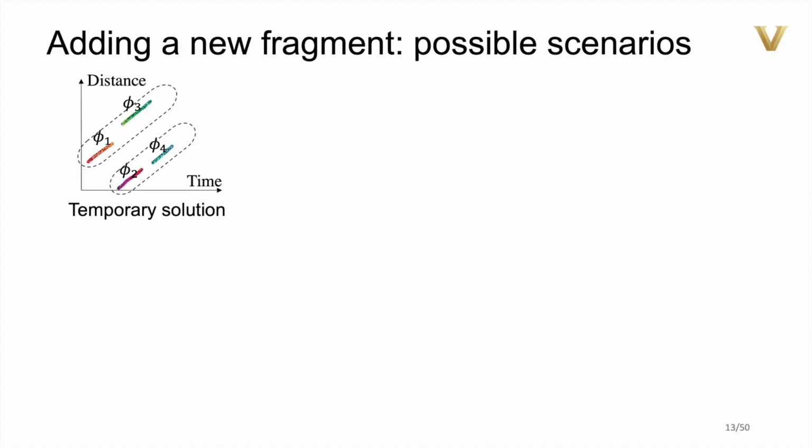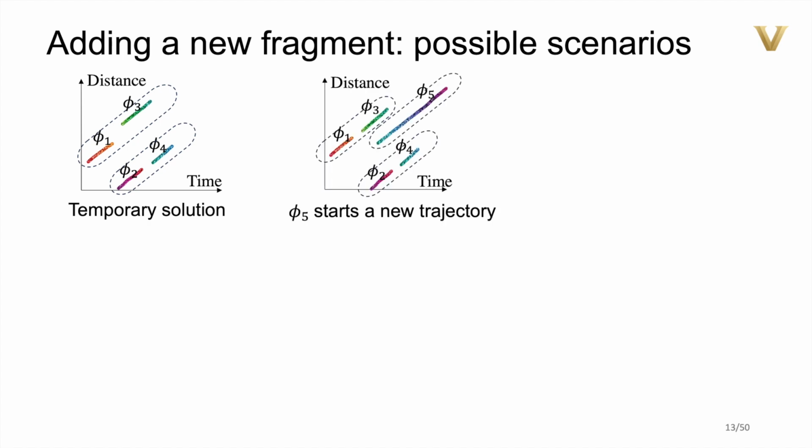How this works is that we're building upon the previously best matching solution from all the available data that we have seen so far. For example, we already have a matching solution for the first 4 fragments. Now the 5th one is new, and we need to decide where to place it. Based on the relative position of the new fragment with respect to the previous ones, there are many possible scenarios.